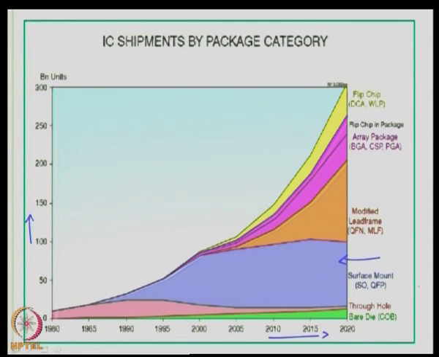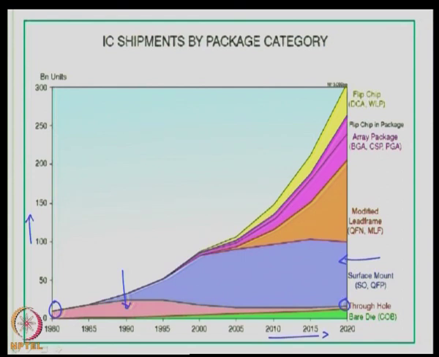That means surface mount technology packages are coming out in large numbers in the market. You can see that the through holes, represented by this color, have totally diminished compared to 1980. Very few are coming into the market.